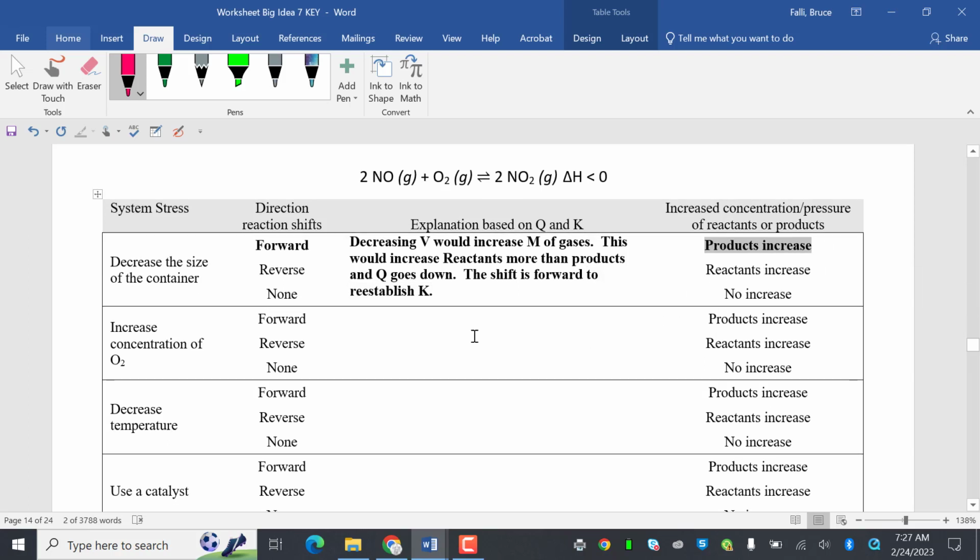Increase in concentration of O2. It's going to shift away from the O2. That'll be forward.